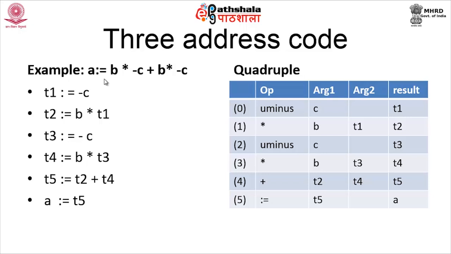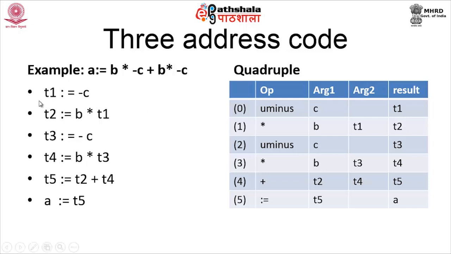Now I will traverse the syntax tree, and I will know that every interior node is labeled with a temporary variable T1, T2, T3, T4, T5, etc., and it is operated upon by the operator assigned to that particular interior node based on its children's values.